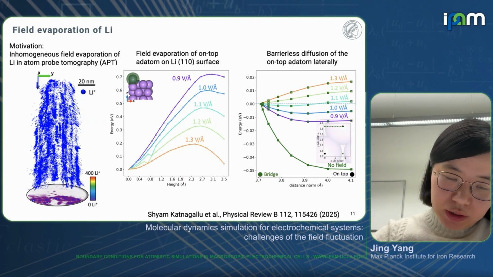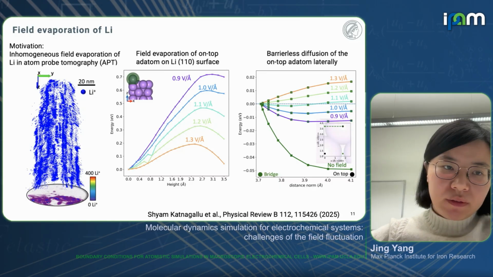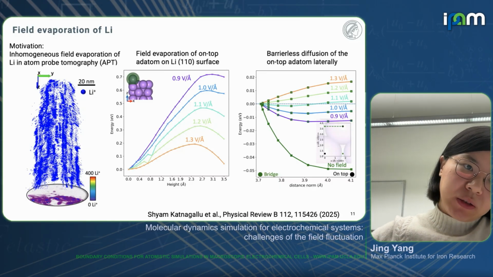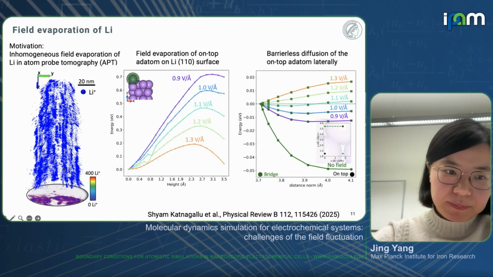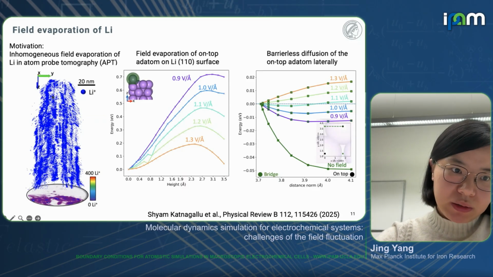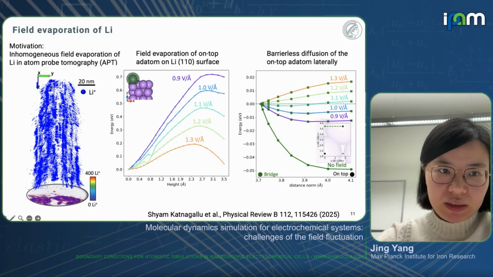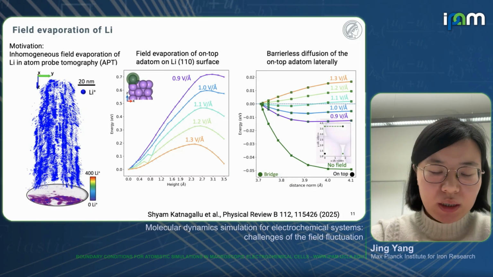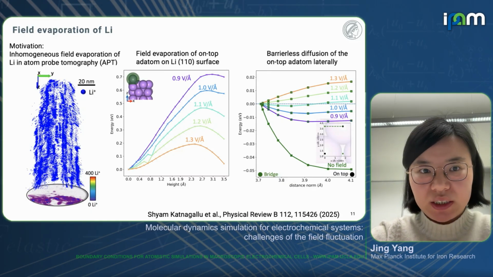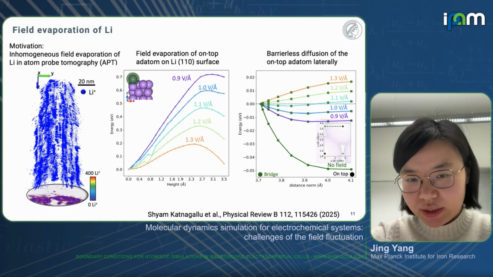This is very different from the expected behavior of other types of metal, where you would expect a homogeneous distribution. But here in this figure, you definitely see these local hotspots forming, indicating there is a strong surface morphology change when you do the field evaporation.